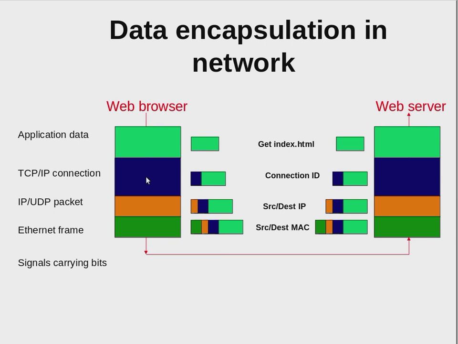What actually happens is that the web browser sends this data to the TCP/IP drivers of the operating system. The operating system adds some header for this data, namely session-oriented data about this particular connection or session, how exactly this web browser was connecting to the web server.